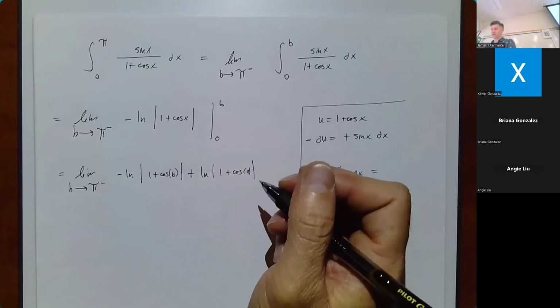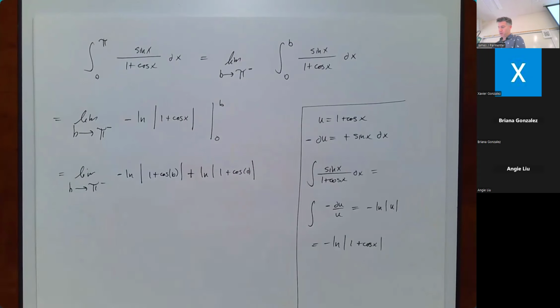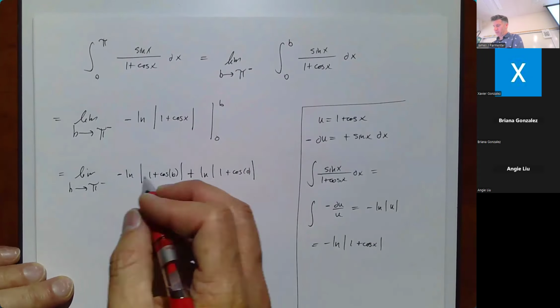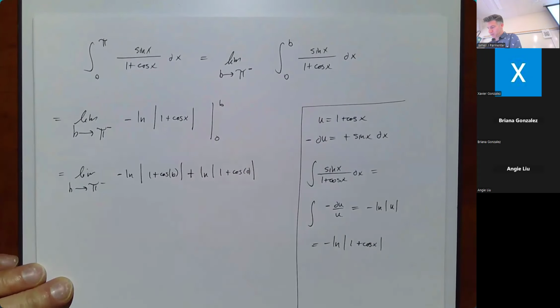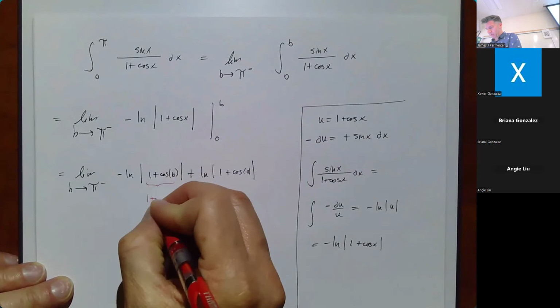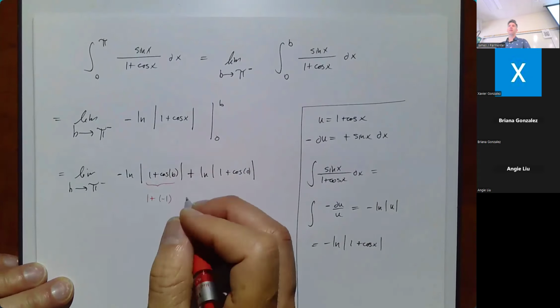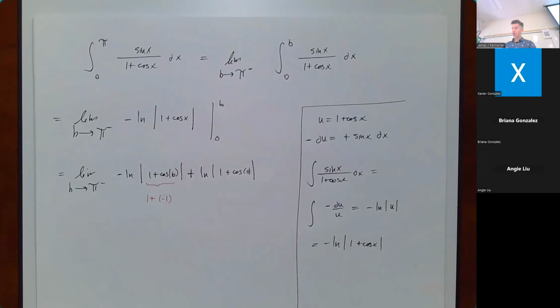Okay, these ones are always a little tricky. Cosine of b, well, if you plug in pi, we're going to get 1 plus cosine of pi, which is -1. 1 plus -1 is 0.